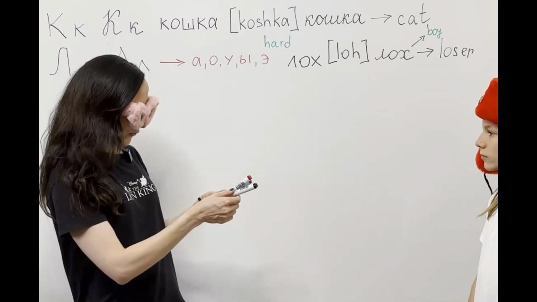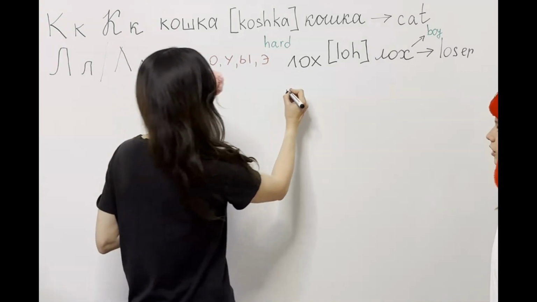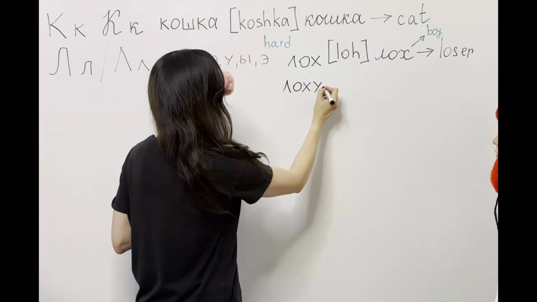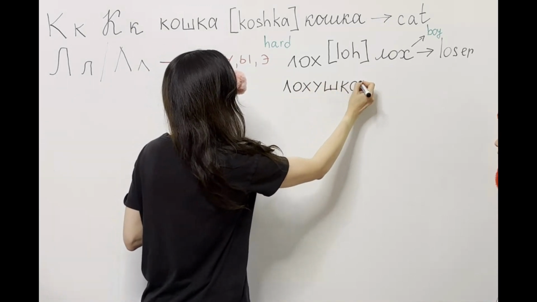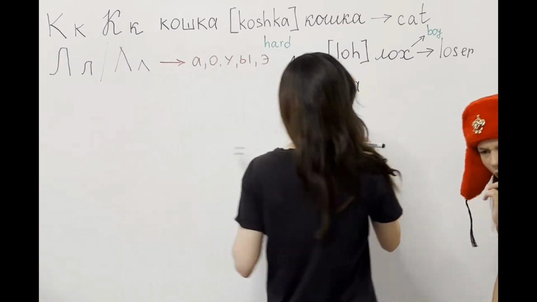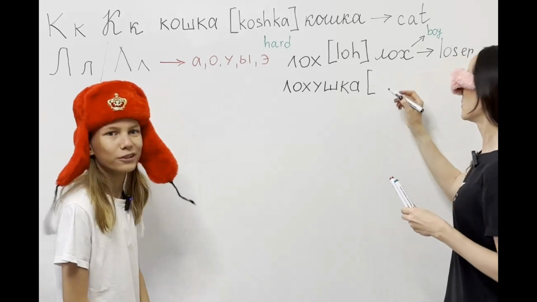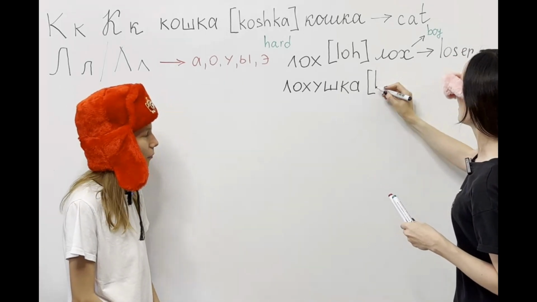Лох is how we call boys, and for girls, there is a word лохушка. I have one лохушка among my friends.